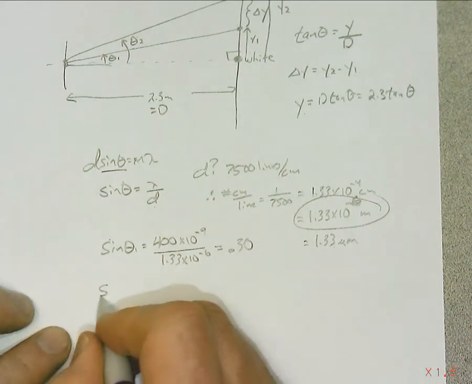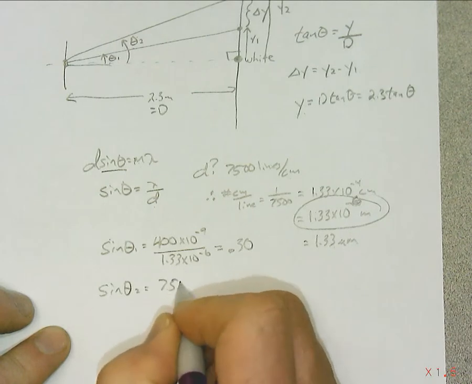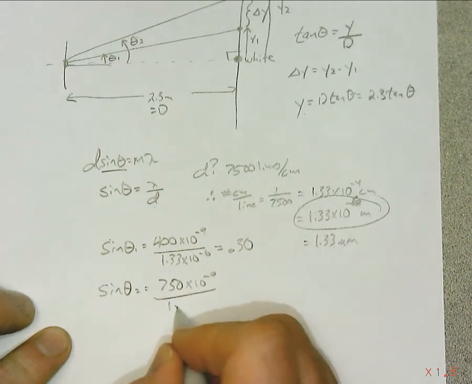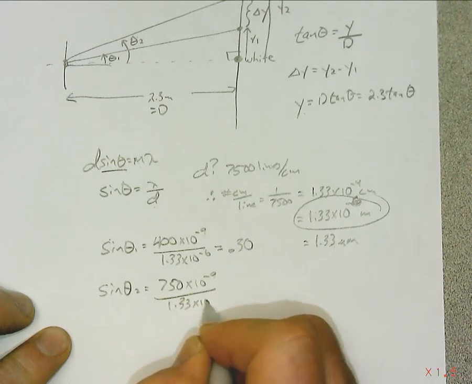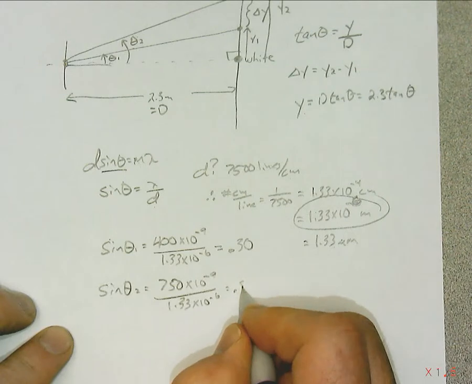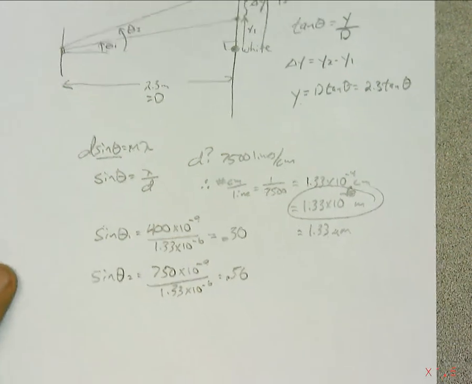Sine of theta 2 is equal to 750 times 10 to the negative 9 over 1.33 times 10 to the negative 6, which gives us 0.56. Really I could stop the problem at this point, but I'll finish it off in case you want to validate.